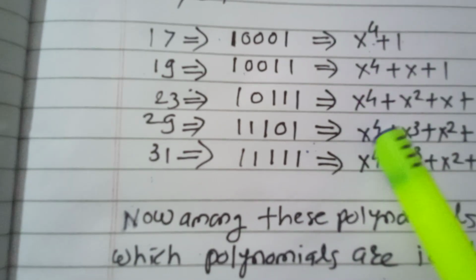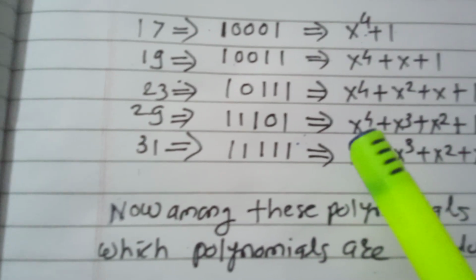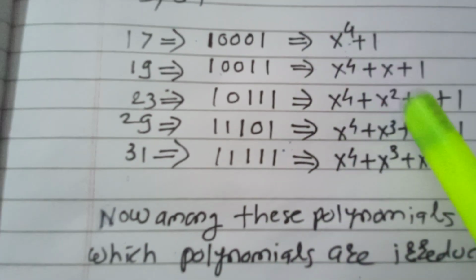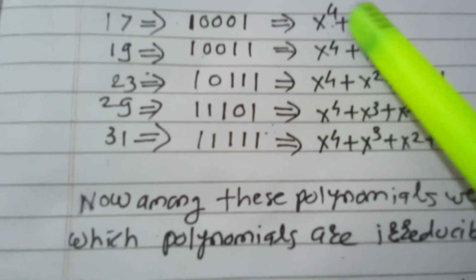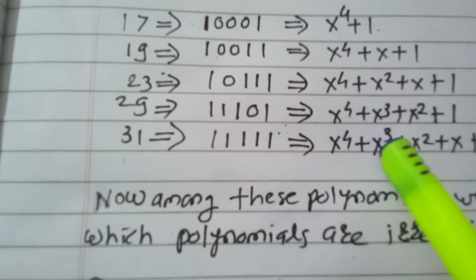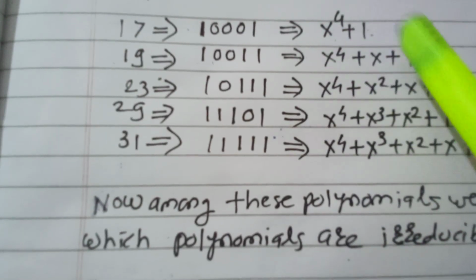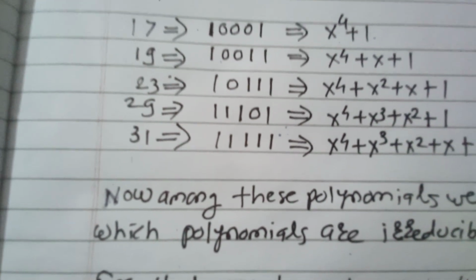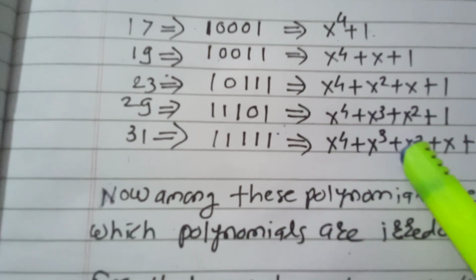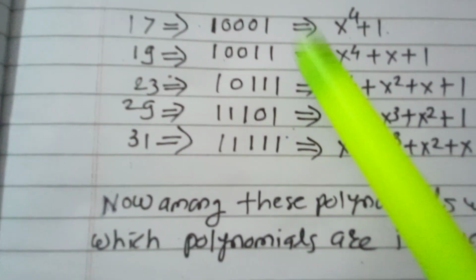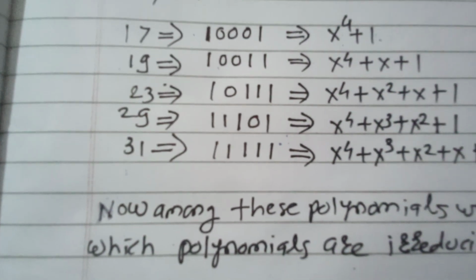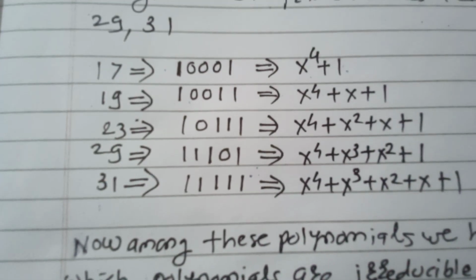If you put 0 in any of the equations, you will get 1 only, because the constant term is not affected by 0. So 0 is not a root in any of these equations, and we are not going to consider 0.